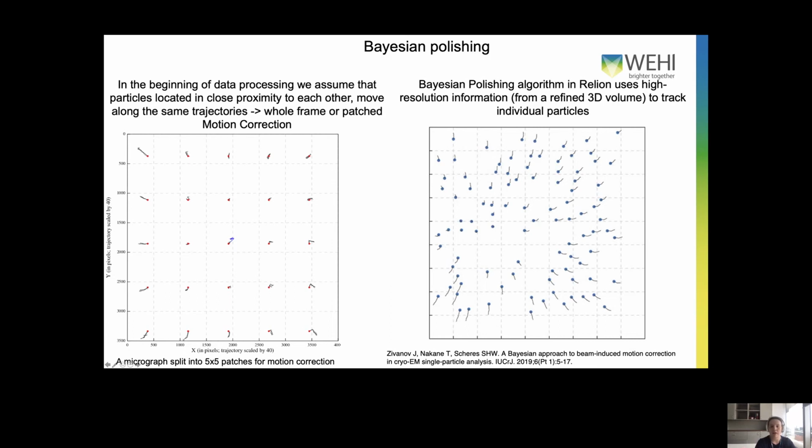And then we look at its movement throughout the micrograph. And here you can see that indeed we cannot describe motion just by looking at the patch of a micrograph. So all the particles actually do have independent trajectories. And this is a very powerful technique, and it can usually increase your resolution quite significantly.